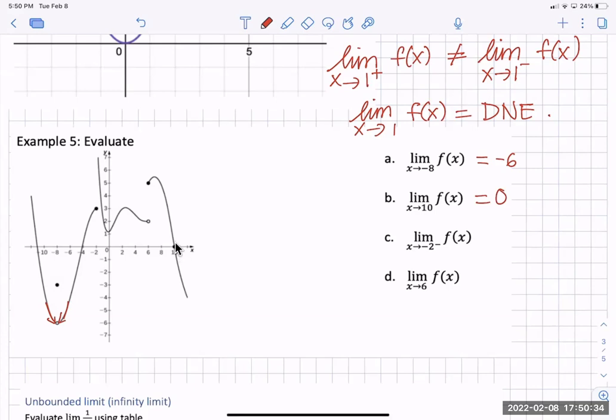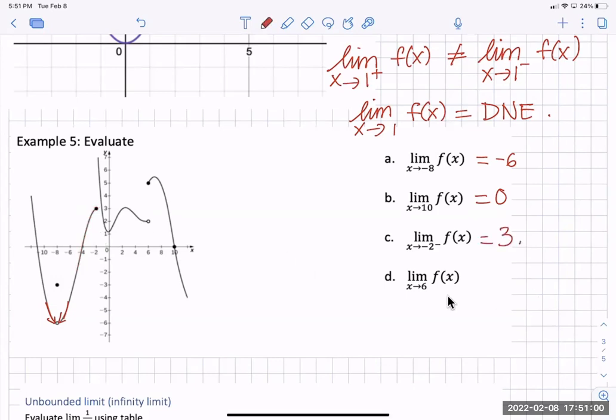Now for this one, x approaches -2 from the left, because there's a negative on top of the 2. So -2 is right here, from the left, from here to here. And what is the y value right there? It's 3.